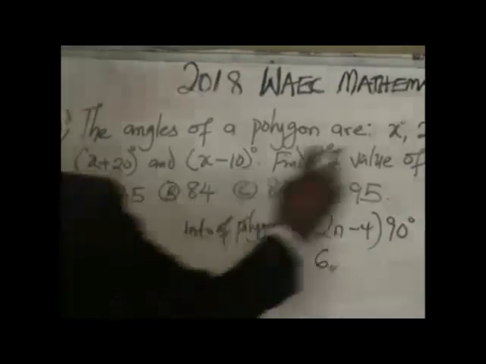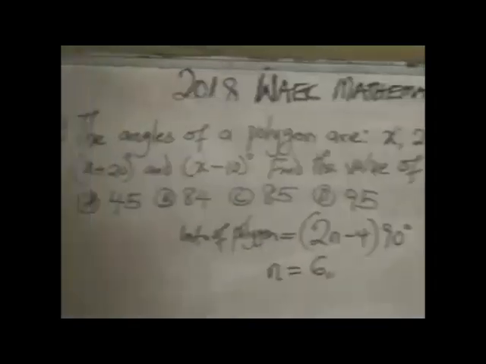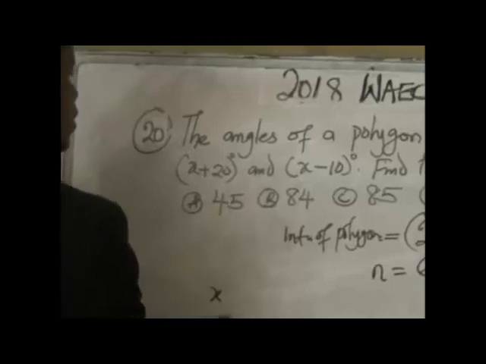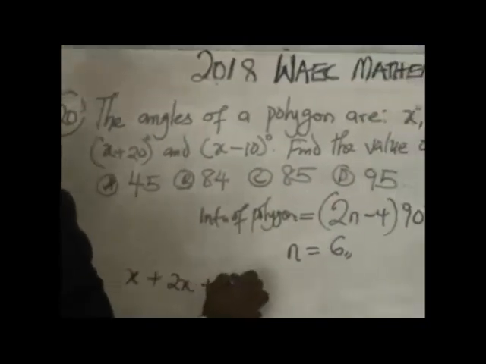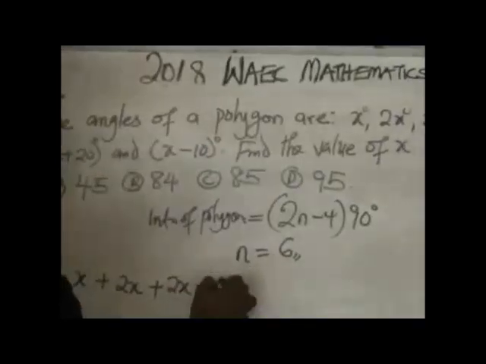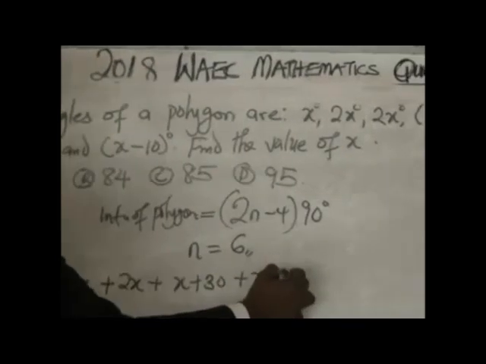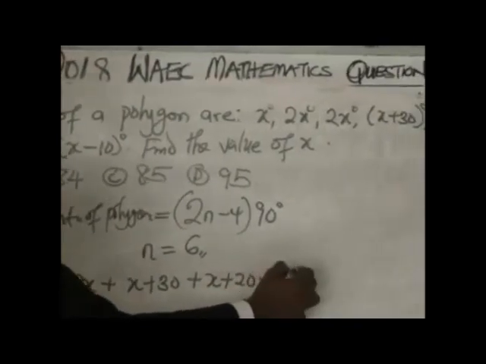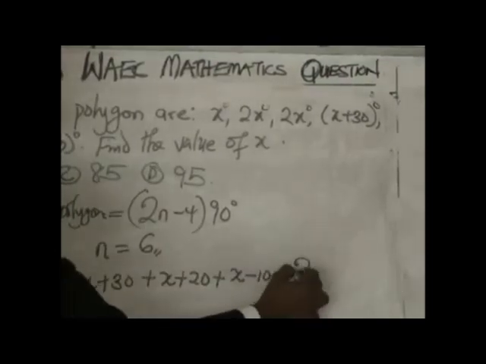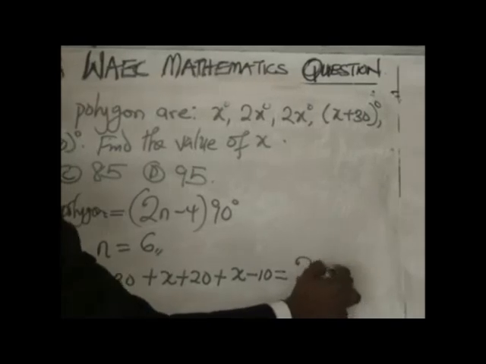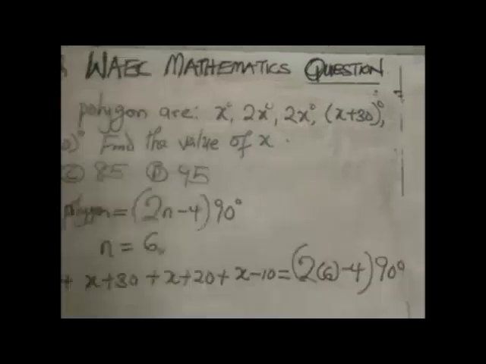We add up all these angles to equate it to the sum of interior angles of the polygon: x plus 2x plus another 2x plus x plus 30 plus x plus 20 plus x minus 10, equal to (2n minus 4) times 90 degrees, where n is 6.